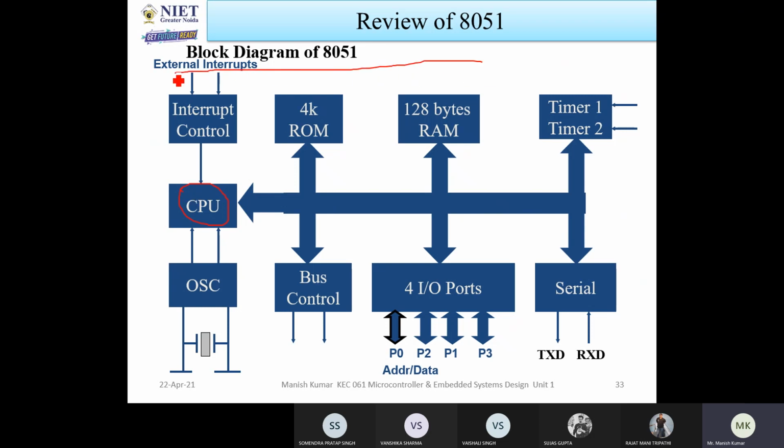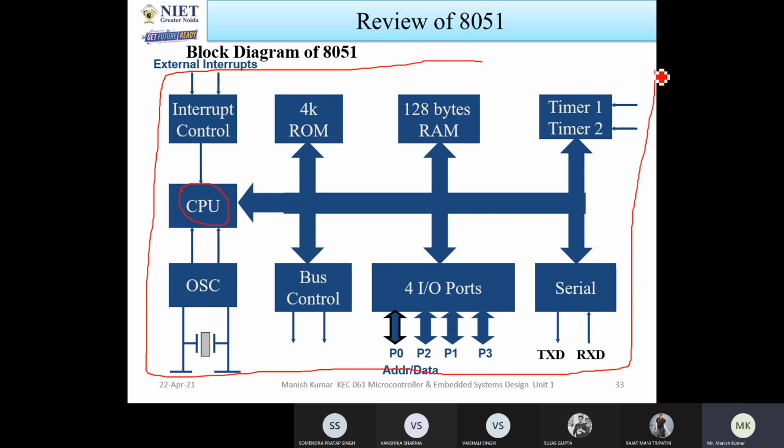These all are inbuilt on the same IC. The same IC has 40 pins. The CPU is used for processing. If you give any operation, any task, then the processor will execute the task.